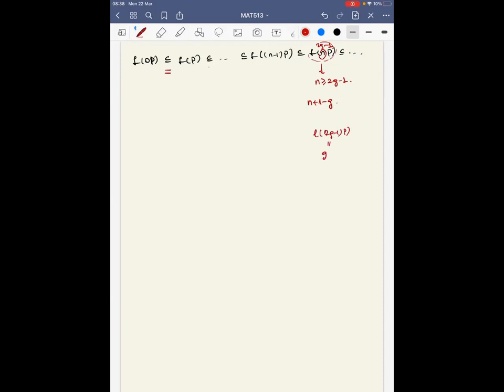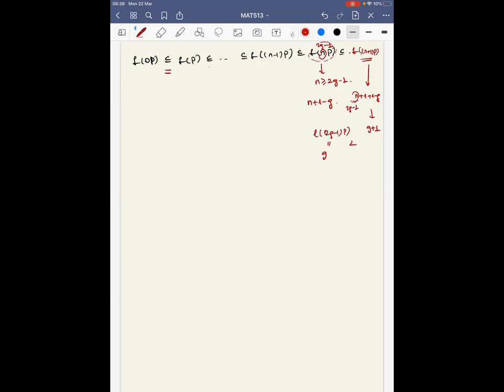And for the remaining terms, if you consider the Riemann-Roch space of the consecutive divisor (n plus 1)P, its dimension is n plus 1 plus 1 minus g, and if you plug in 2g minus 1 for n, we see that it has dimension g plus 1, so we get this strictly increasing dimension.